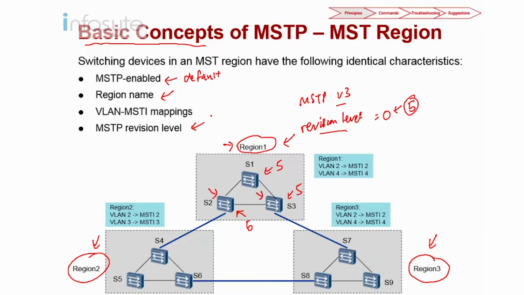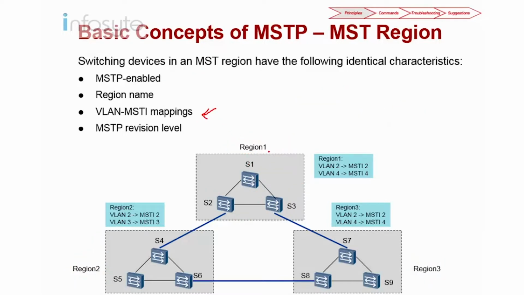Now in each region you also need to configure the VLAN to MSTI mapping. The MSTI here is an instance. As you can see, I have instance 2 which maps to VLAN 2 and I have instance 4 that maps to VLAN 4. Now you do not need to have one VLAN for one instance. In this example our VLAN is VLAN 2, but it does not necessarily have to be only VLAN 2.